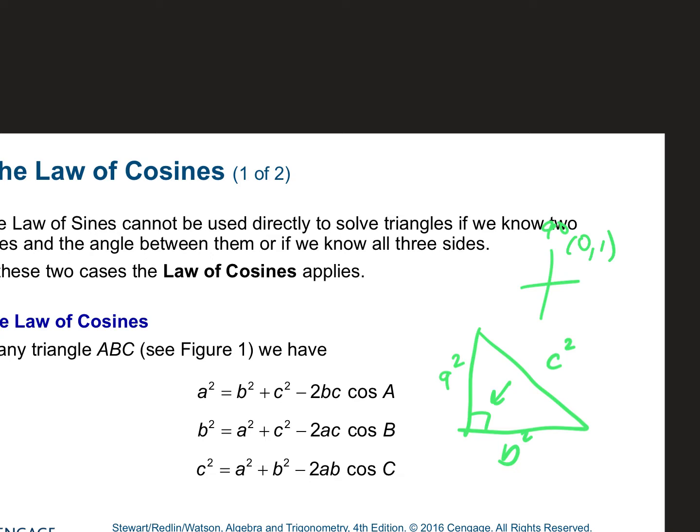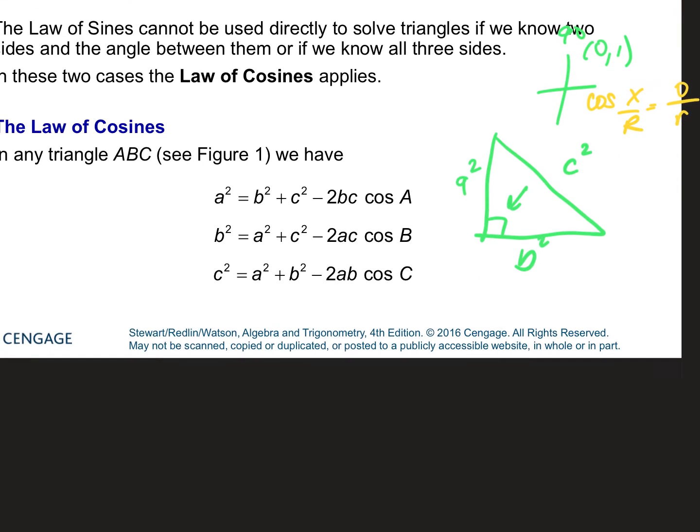And if you guys remember from your quiz, cosine is x over r, correct? So the x value at 90 degrees in this ordered pair is 0. So if I have 0 over anything, doesn't matter what it is, what's your answer going to be? 0.